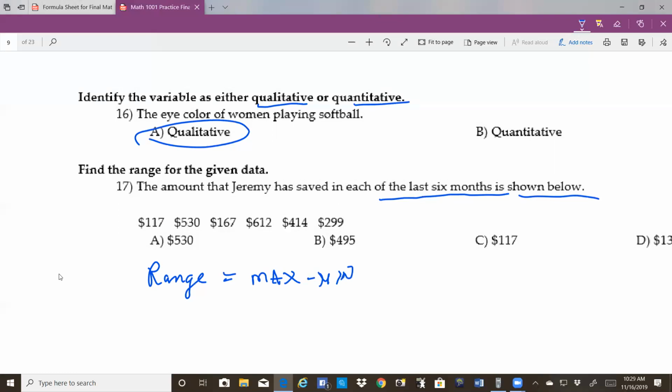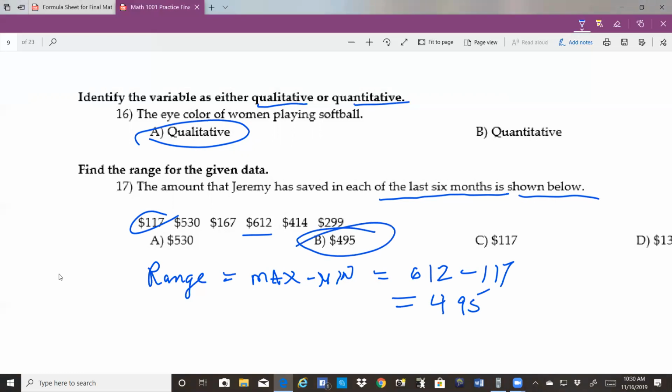Be careful looking at the data, especially if there's a lot of data. This was pretty simple. The max is 612, and the minimum is 117, and that is equal to 495. So the answer is B, 495.